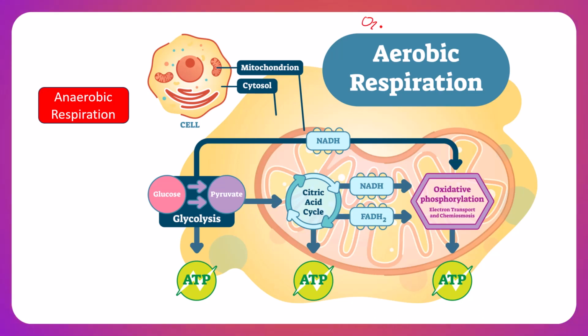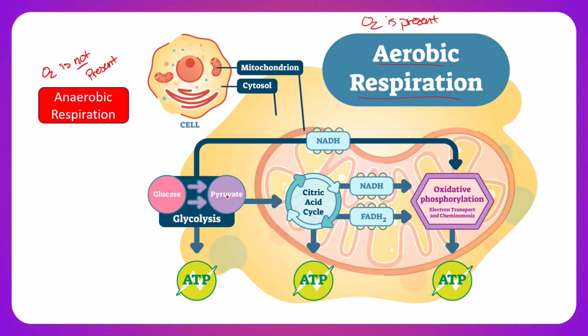When O2 is present, meaning when oxygen is present, it is called aerobic respiration. When O2 is not present, it's called anaerobic respiration. In normal times of normal oxygenation, we consume glucose. We move that glucose into all of our tissue cells.